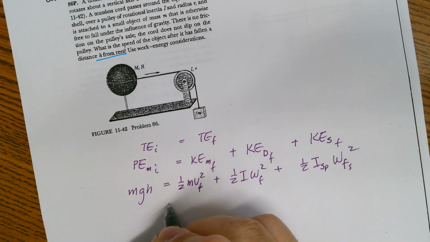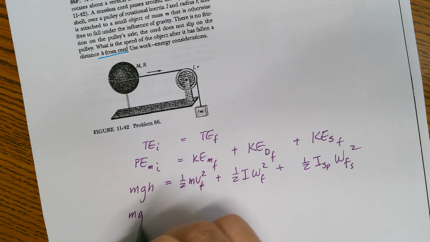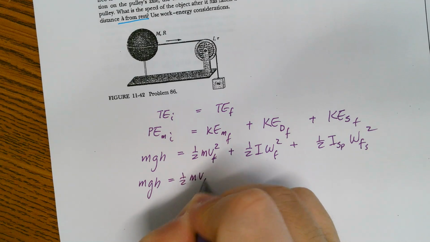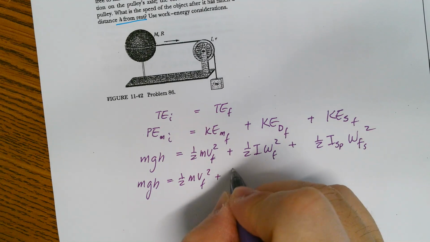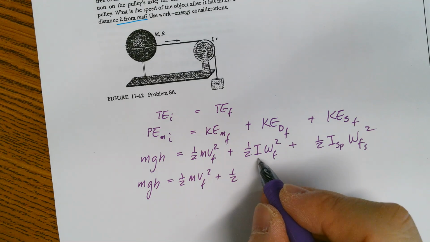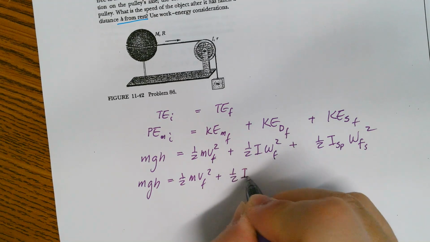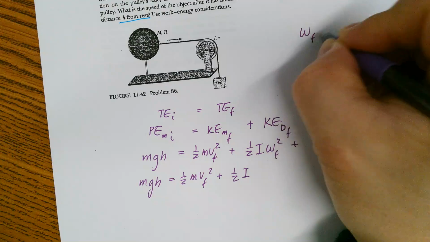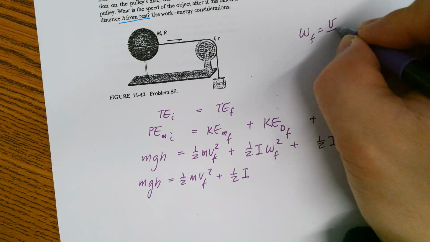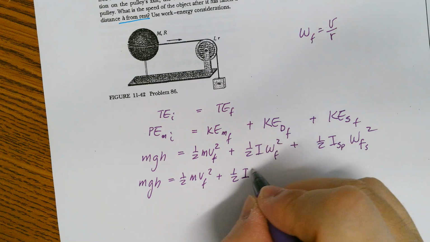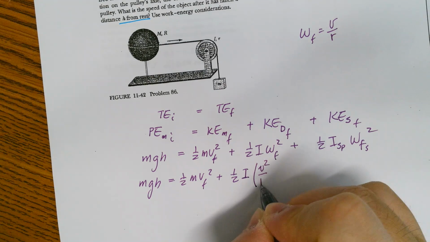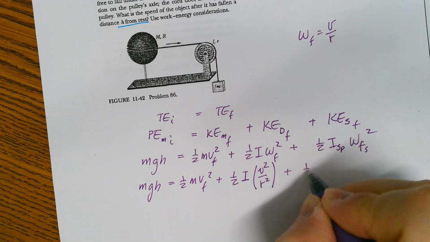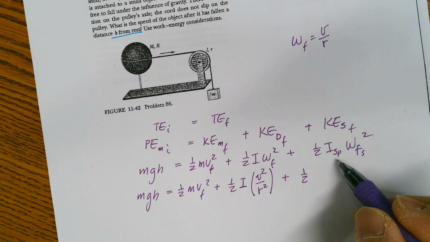So here, mgh is equal to 1/2 m vf squared plus 1/2 I. They want this left as I, right? Because this is a disk. However, this omega final can be replaced with v over r, right? So v squared over r squared, right? Plus 1/2 times, you have to look this up.